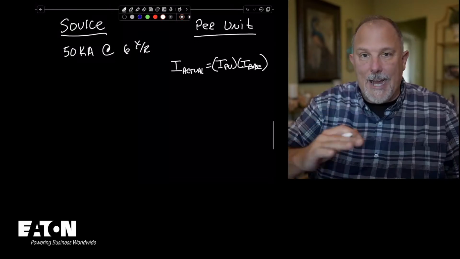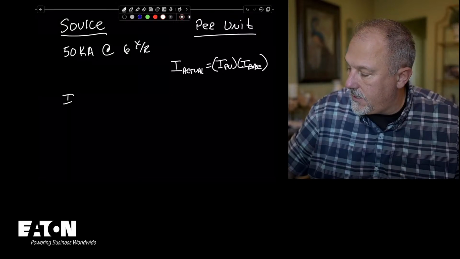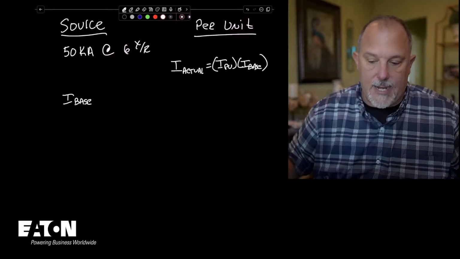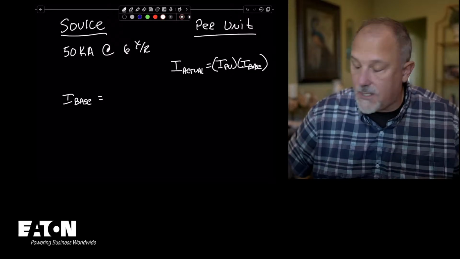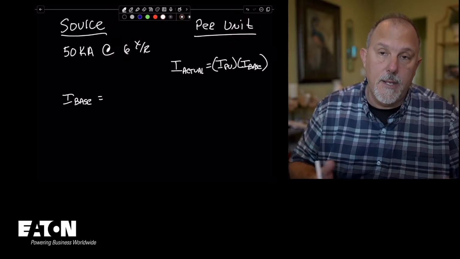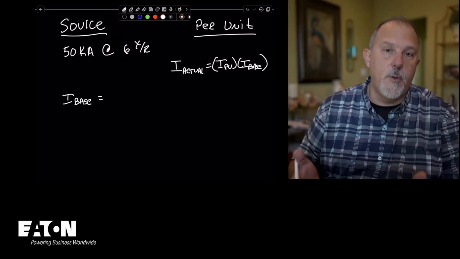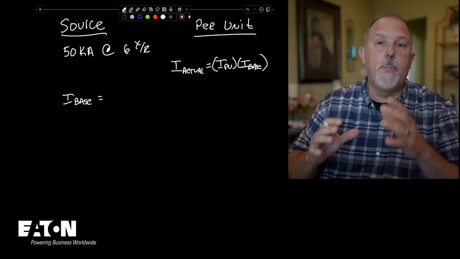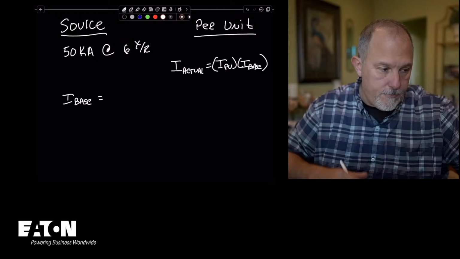Now, what is I base? I base, and this is on the 480 volt side of the picture. What I'm getting into now is per unit theory. If you're not familiar with per unit, you can look it up. I'm not going to go through and explain per unit.